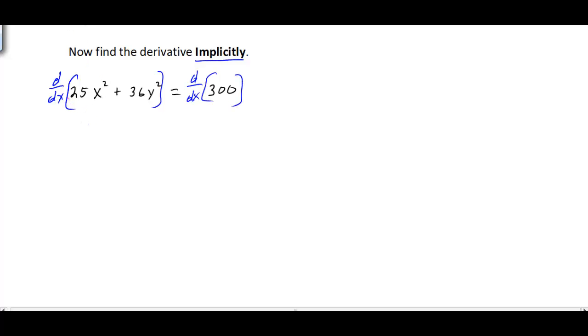Now keep in mind the variable is x, so the first one matches up. So when we take the derivative, we would simply end up with 50x. And now over here we have a y, so the derivative is going to be 2 times 36, we have 72y.